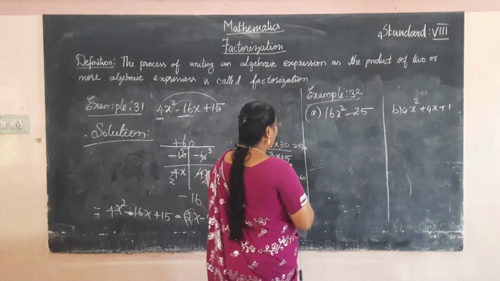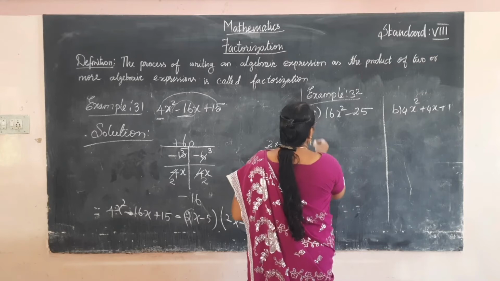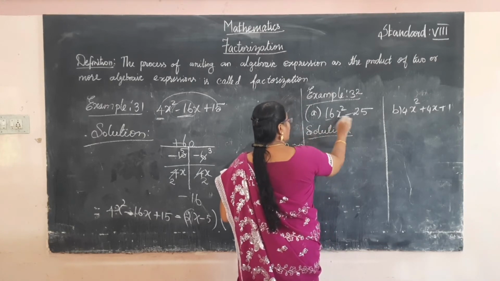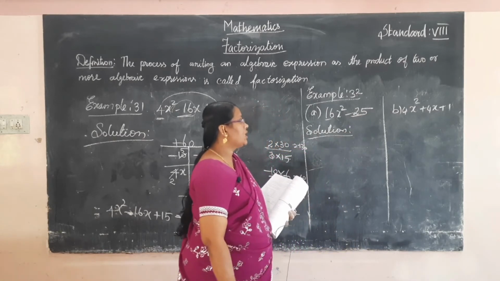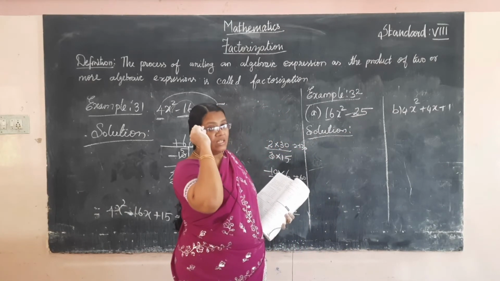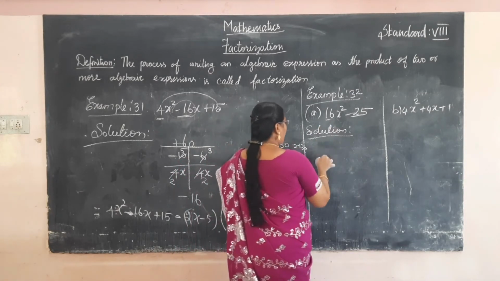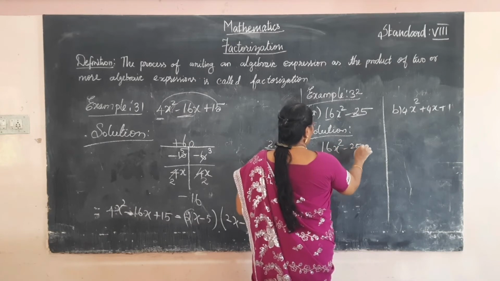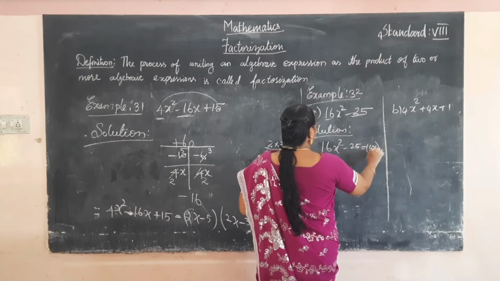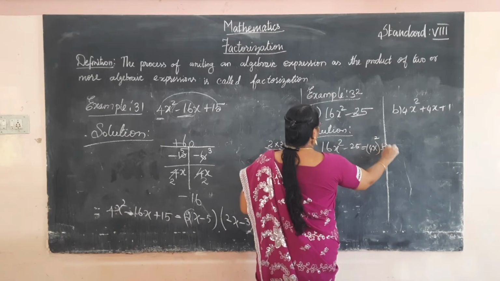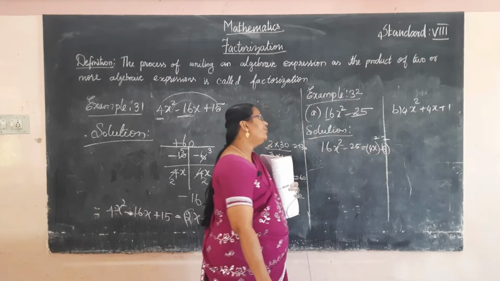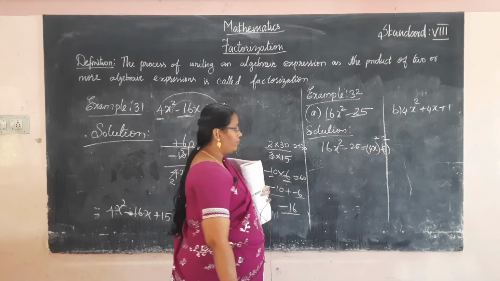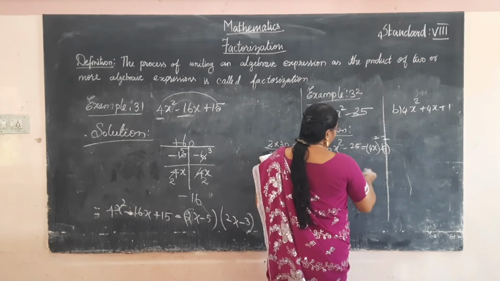See, these two are square values, is it? 4 squared is 16 and 5 squared is 25. So it can be written as 16x squared minus 25 is equal to 4x the whole squared minus 5 squared. It is in the form of x squared minus y squared.